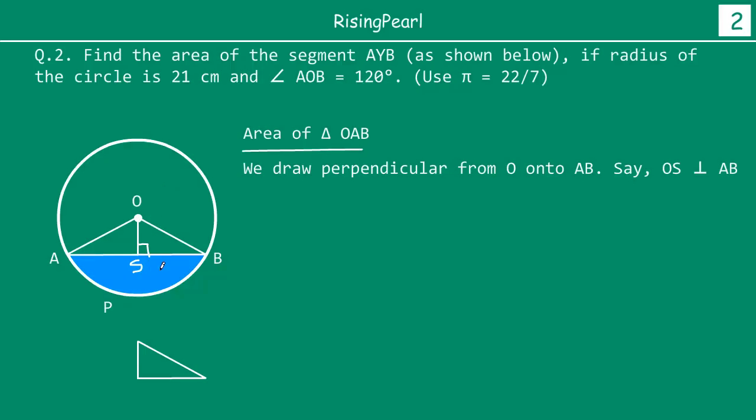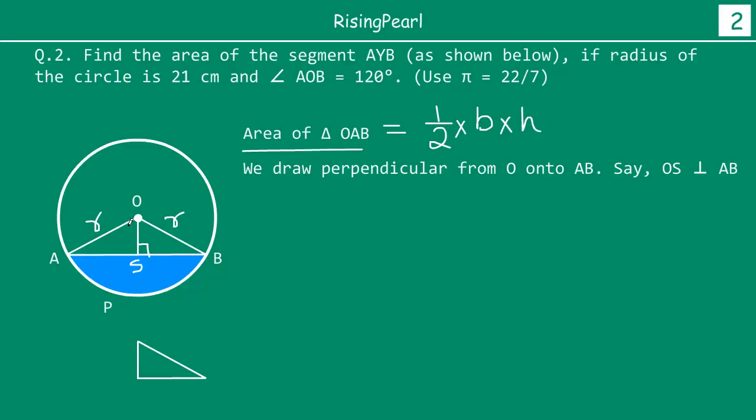Now here I am just taking one of the triangles. So here this is R, this is R. If I focus on this triangle itself, we have to find out the area of the triangle OAB. We know that area of any triangle is equal to half times base times the altitude or the height.